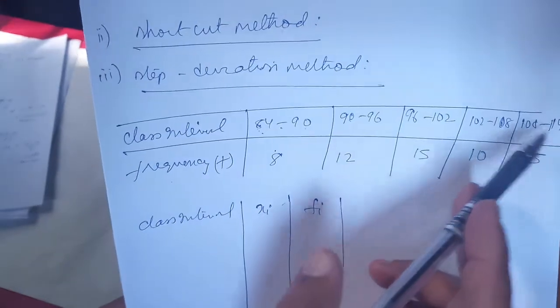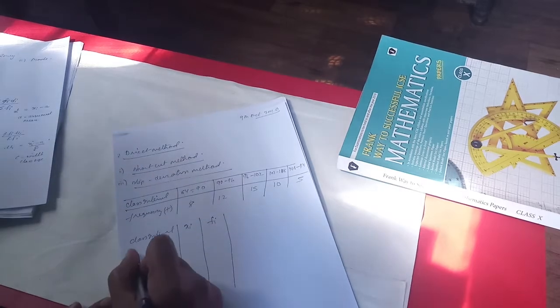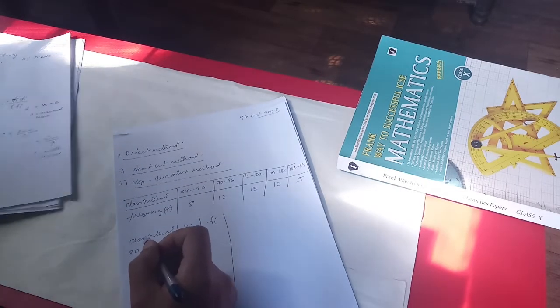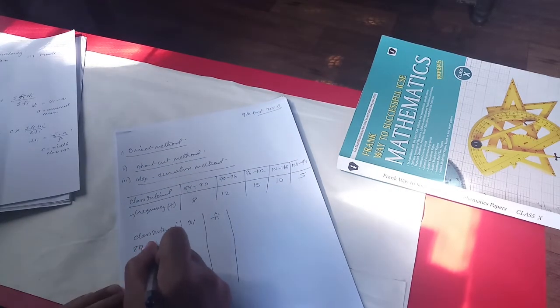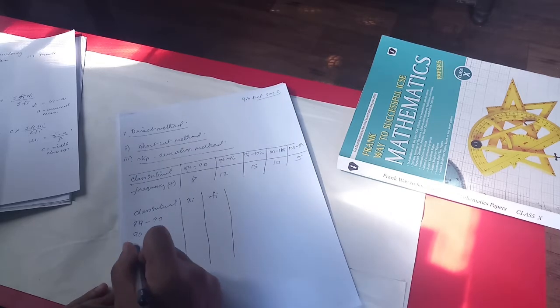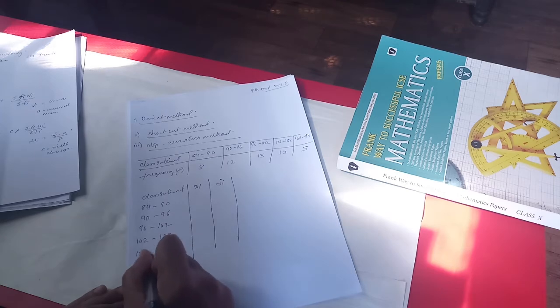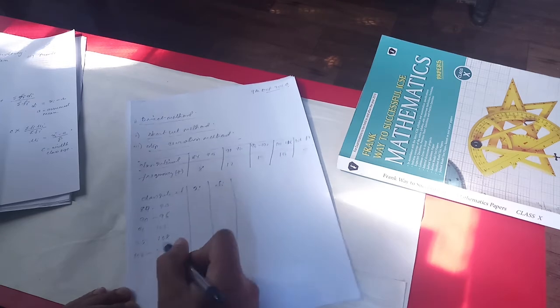In the first column, you write down all the class intervals mentioned here. Starting from the first class interval, 84 to 90, 90 to 96, then 96 to 102, 102 to 108, and then the final one, 108 to 114.